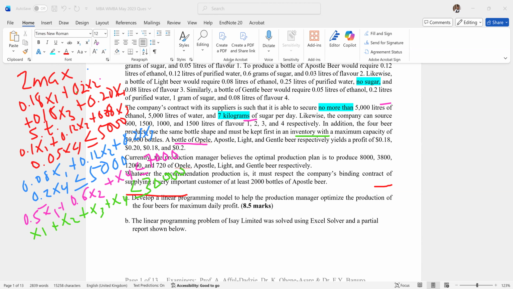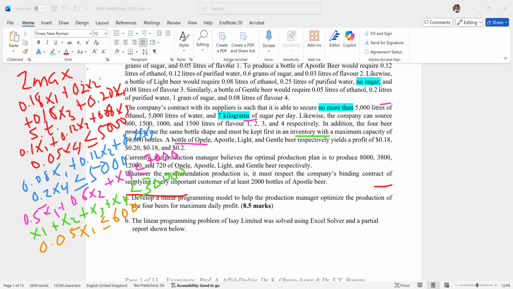All right. So flavor 1. Elsie, tell us flavor 1. The flavor 1 would be 0.05 x1 less than or equal to 600. Continue. Tell us flavor 2. Less than or equal to 1,500.